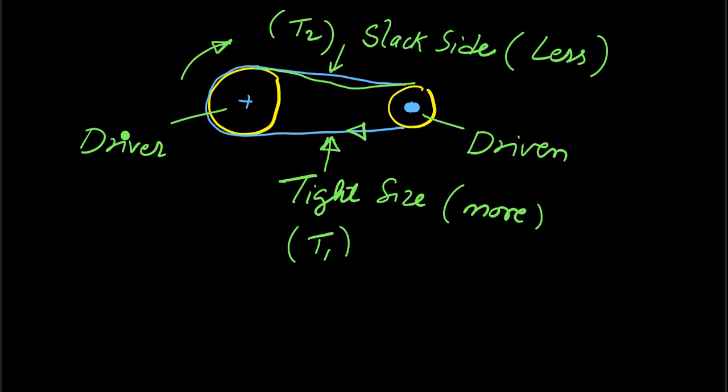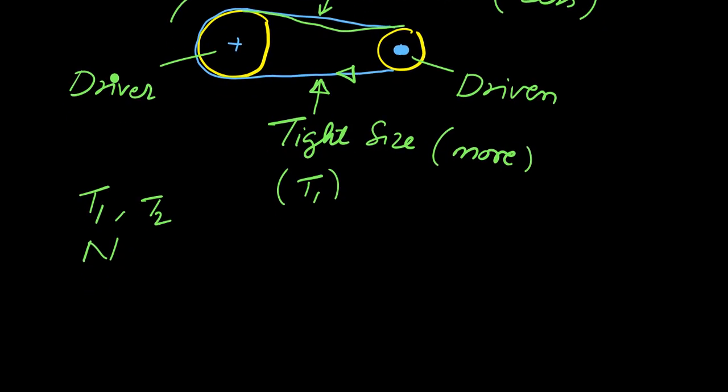In the different types of problems, how can it be? First they will mention the tensions in the drive, both T1 and T2, and the speed of the driver will be given as n. The diameter of the driven will be capital D, and the driver will be small d.